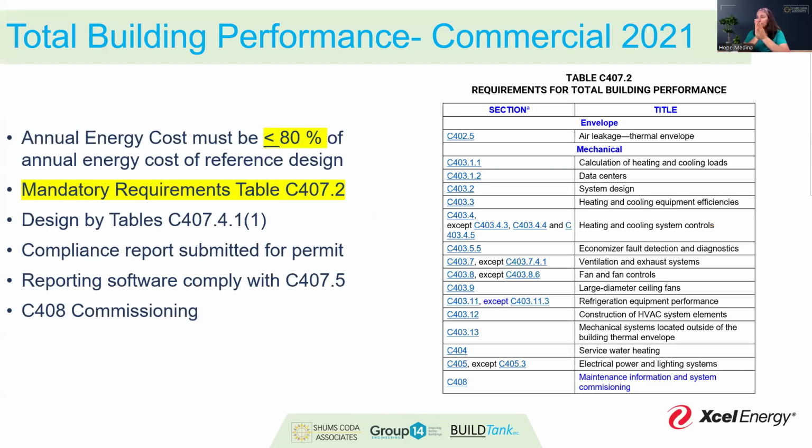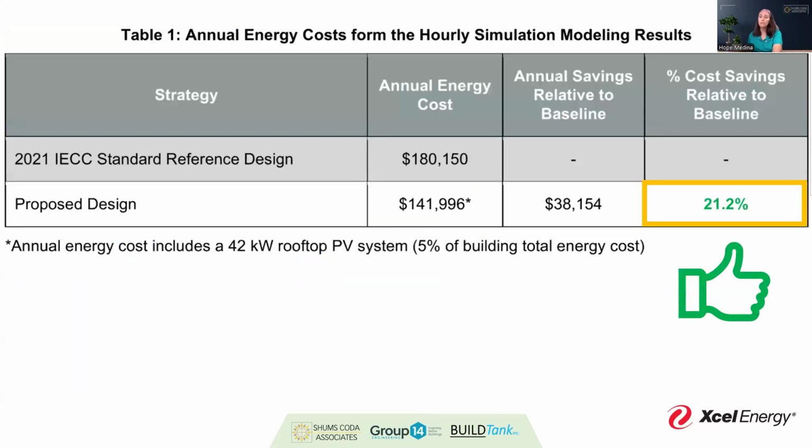We call that good if we happen to be under the 2021 edition of the IECC, which does state you have to be 80% of that annual energy cost, or 20% minimum better than the annual energy cost. So we know that it's 21.2%, and we can say we are very happy with that.